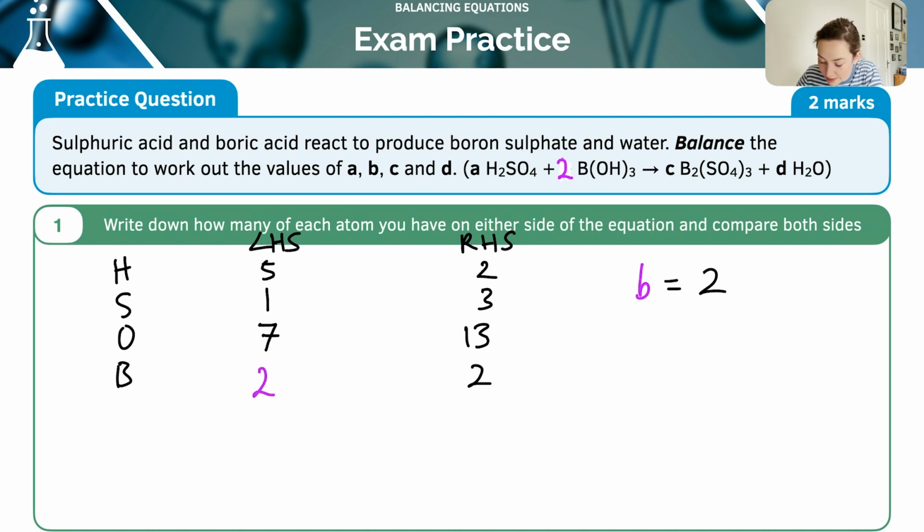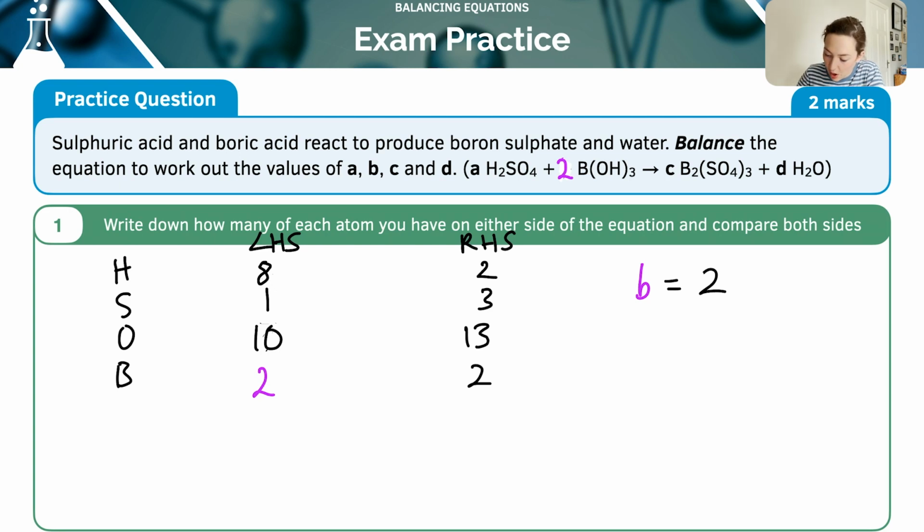Okay, so boron's balanced, but of course that's going to have a knock-on effect. So my oxygen here is now going to increase up to 10. And it might affect some other aspects. Yes, it's going to make my hydrogens also increase up to 8. So I'm just keeping track of where I am with this.